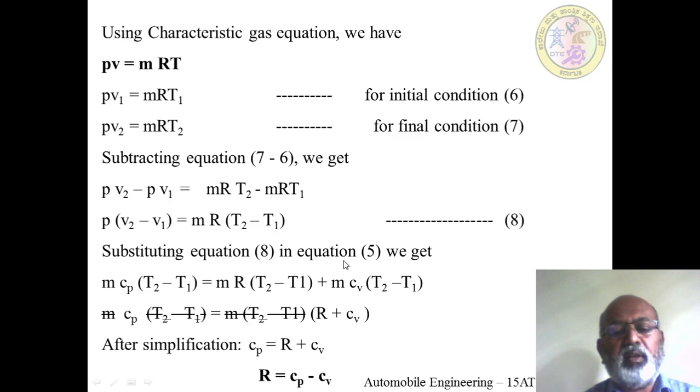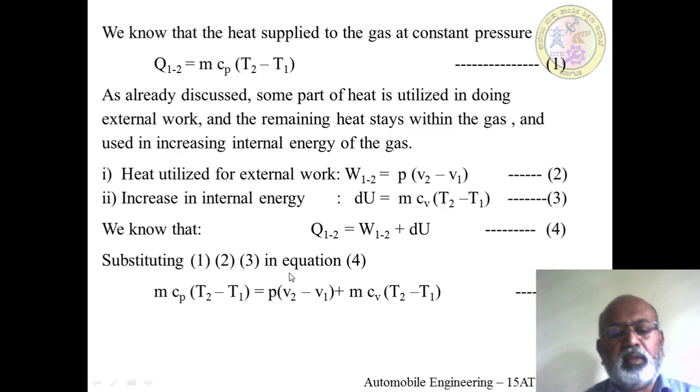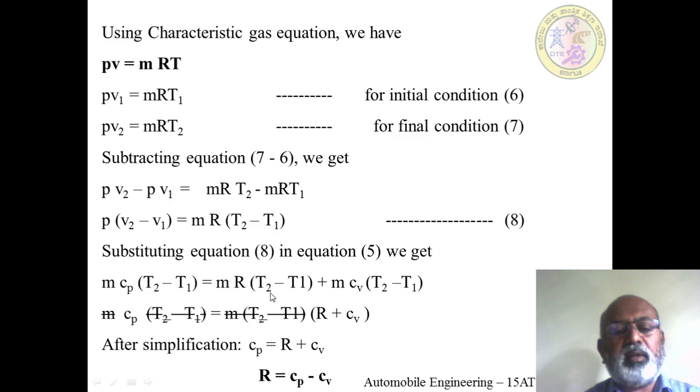In that equation, we substitute P (V2 − V1) equal to m R (T2 − T1). Then we get m Cp (T2 − T1) is equal to m R (T2 − T1) plus m Cv (T2 − T1).